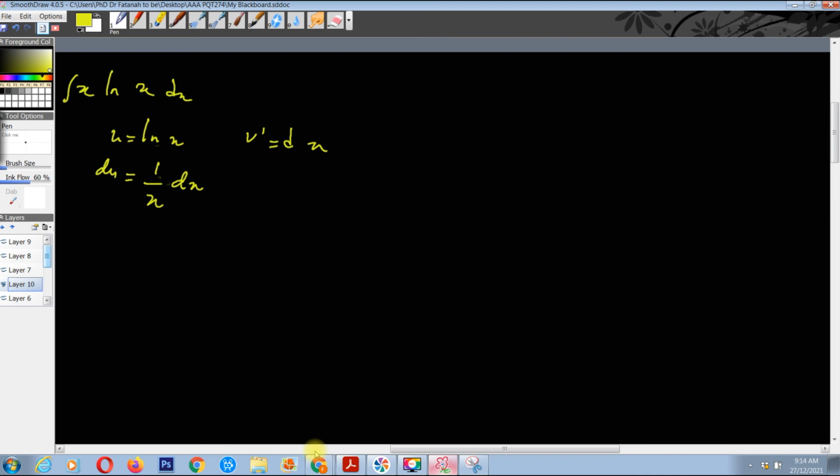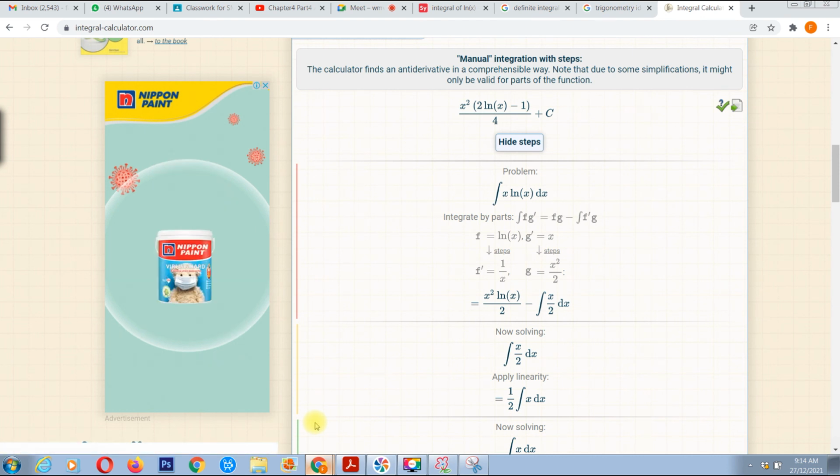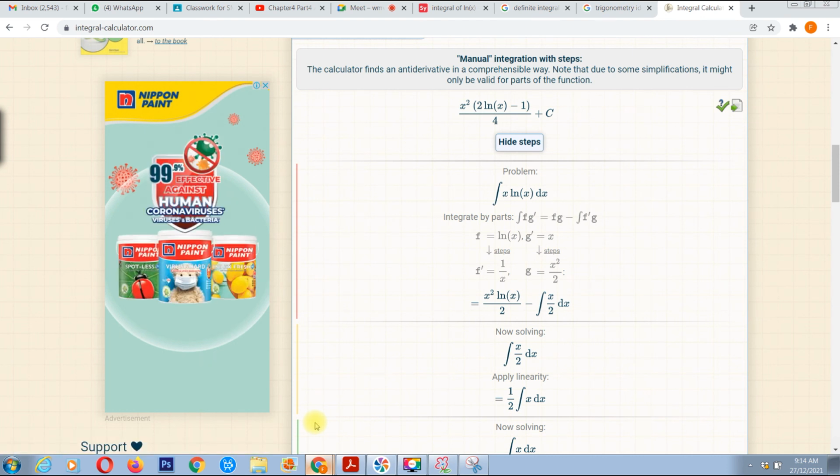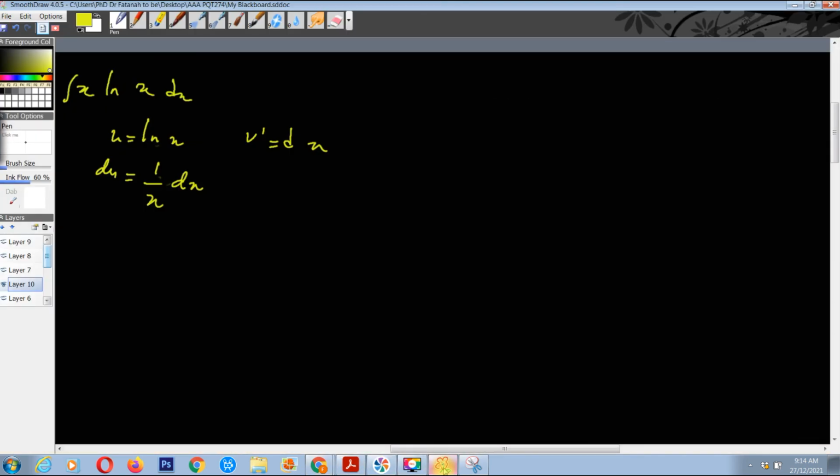And then v equals to g prime, which is equals to x dx.